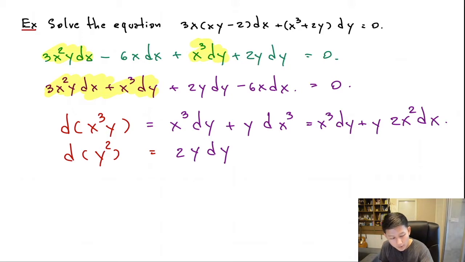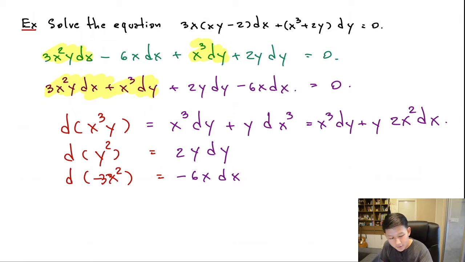Okay, and similarly, d of minus x squared is minus 2x, right? Oops, sorry, I should have had 3 here. So it would be minus 6x dx.